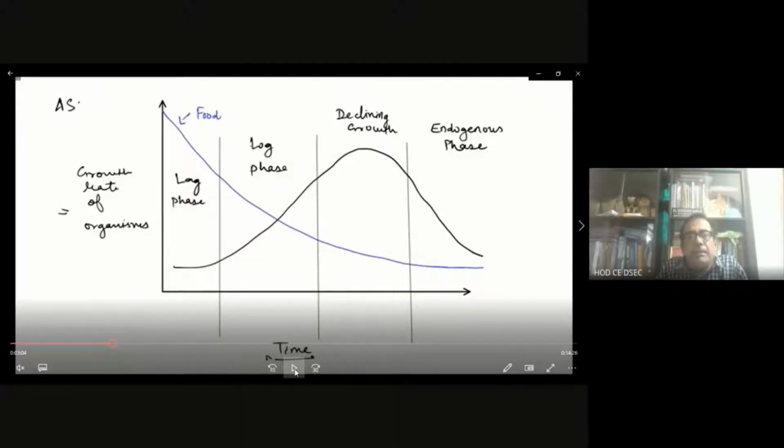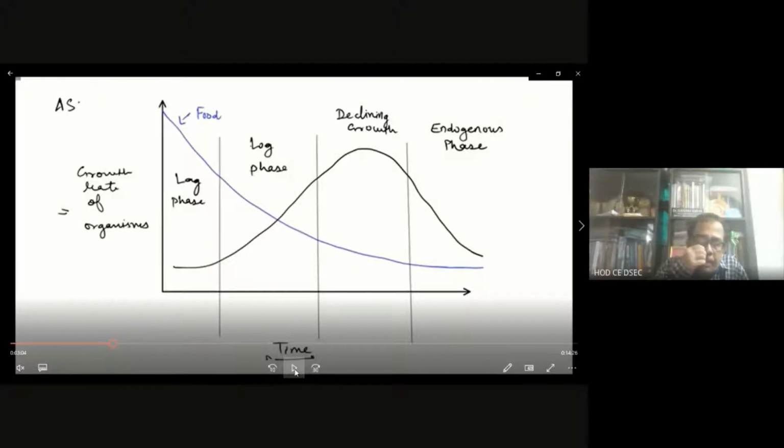That is, the biomass will be in growth condition, consuming the food, that is the substrate, the carbonaceous organic matter, and the biomass will increase in growth. That is called the log phase, where the rate of growth is in increasing order. And after a certain time, at the boundary I have already shown you, the junction of the log phase and the decline phase.